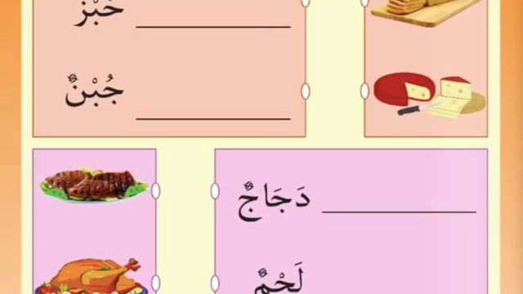And as it is a male word, we must use hadha, the demonstrative pronoun hadha, right? So we say hadha dajajun. This is chicken.